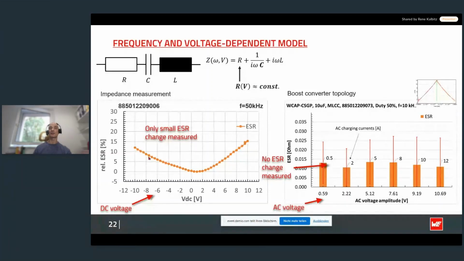As you can see on the right graph, even for large AC voltage amplitudes of over 10 volts, we do not measure a significant increase of ESR as far as the measurement accuracy allows us to say. So the voltage drift for the ESR can be considered small, and the ESR is, with that, in good approximation, a constant.